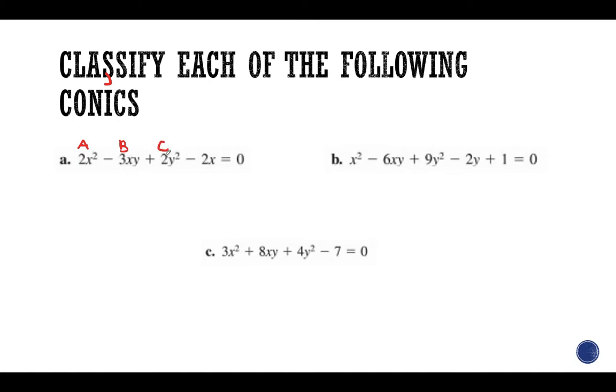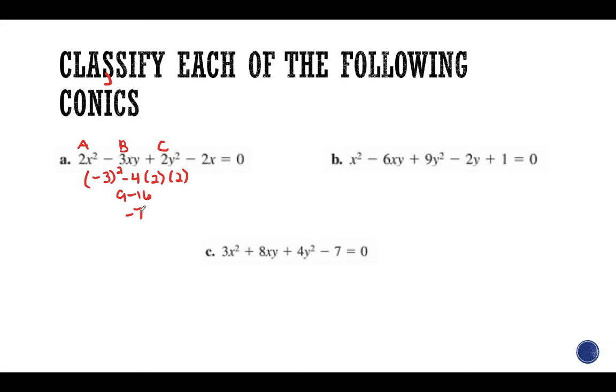So I'm going to take b squared minus 4 times a times c. a is 2, c is 2, right? We do simple little math work here and end up with 9 minus 16, which is a negative 7.